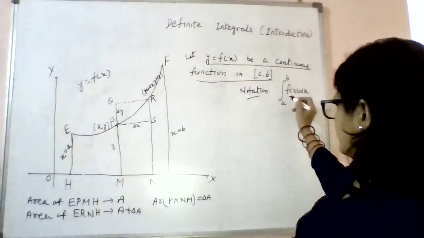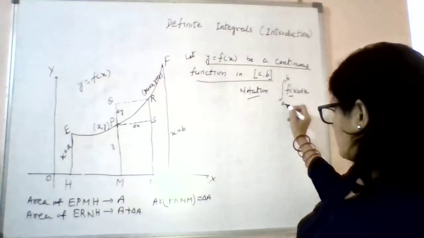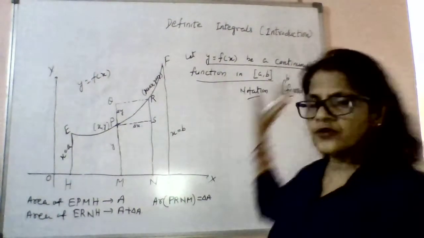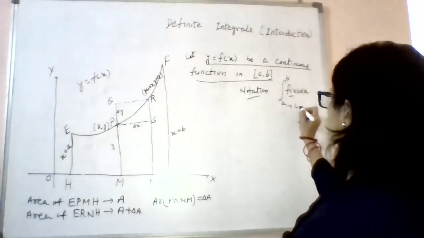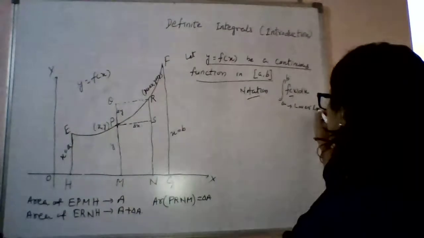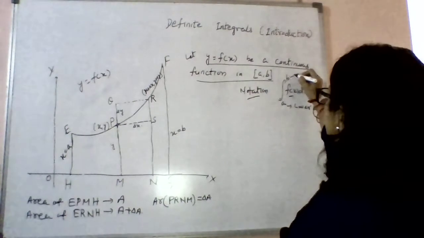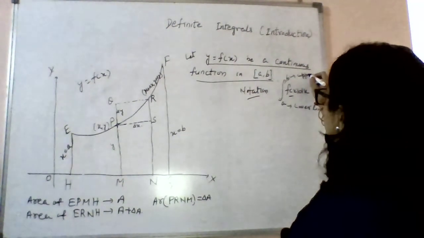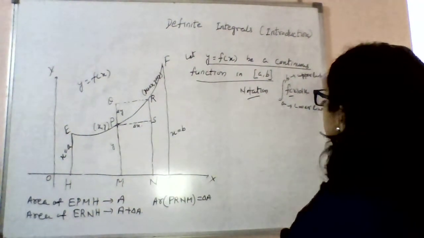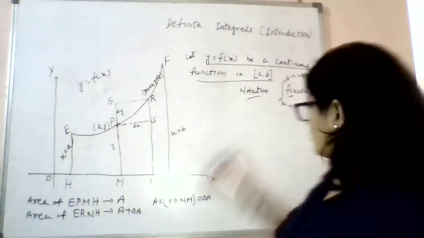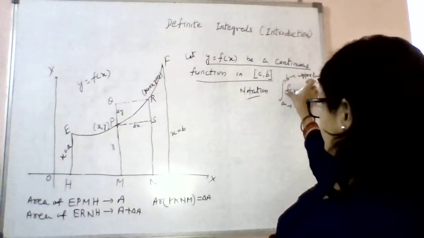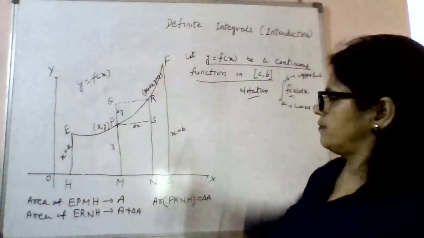So when we write the integral of f(x) dx from a to b, this is the notation of the definite integral. Here a is called the lower limit and b is called the upper limit. So let me tell you the geometrical interpretation of the integral of f(x) dx with limits from a to b.